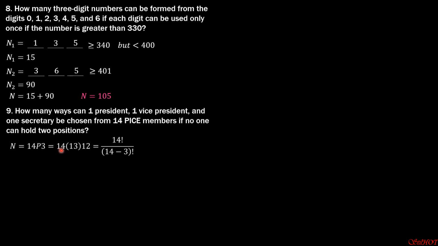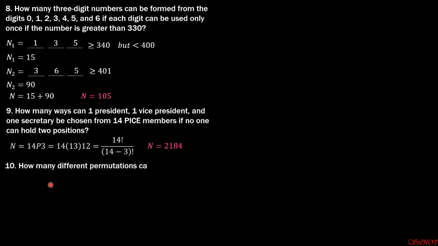Because after we choose one president, there will be 13 qualified nominees left. Then after choosing vice president, there will be 12 nominees left. So 14 times 13 times 12 is the same as 14 factorial over quantity 14 minus 3 factorial, and that is equal to 2184. So there are 2184 ways.